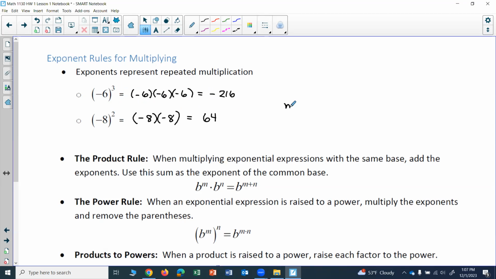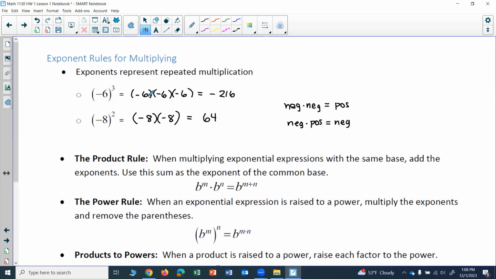And that comes from the fact that a negative times a negative equals a positive, but a negative times a positive is equal to a negative.